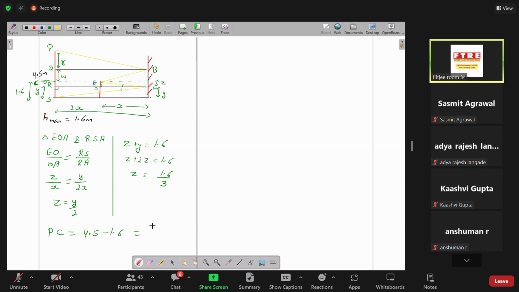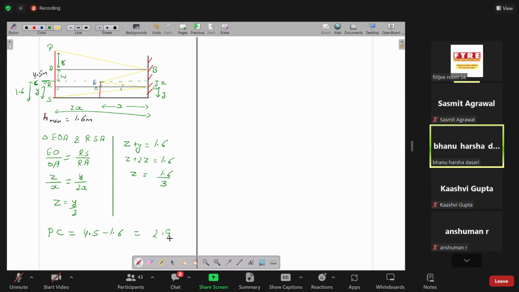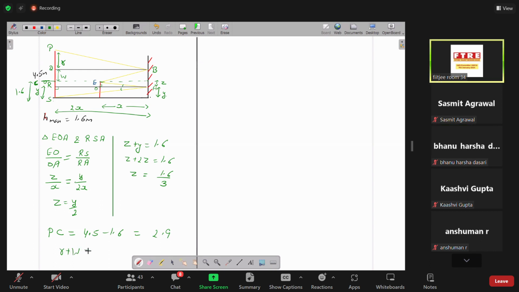How much is coming? 4.5 minus 1.6 will be equal to 2.9. So that means we get R plus W is equal to 2.9. In the same way we'll solve it.